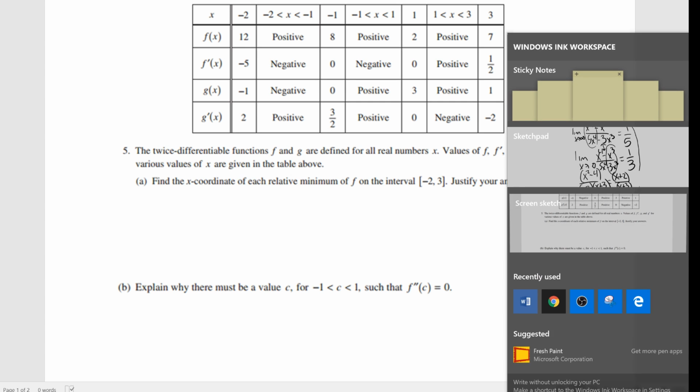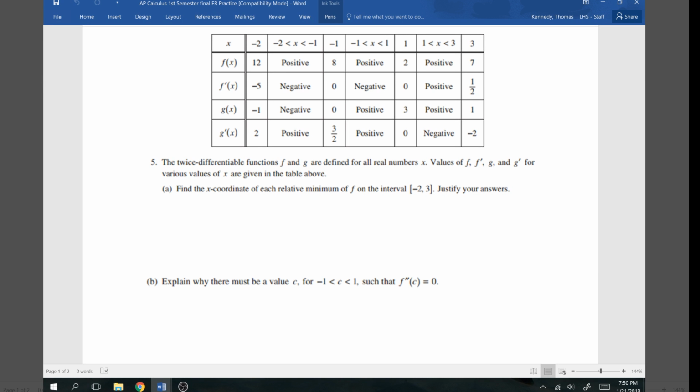If we look at the derivatives for f and g, we see that f switches from negative to positive here at 1. So this is a minimum, because decreasing to increasing is a minimum. But if we look at g, it switches from positive to negative. So if they asked for a maximum, we would have said g here. This is a maximum in g. But it didn't ask for that. It just asked for a minimum.